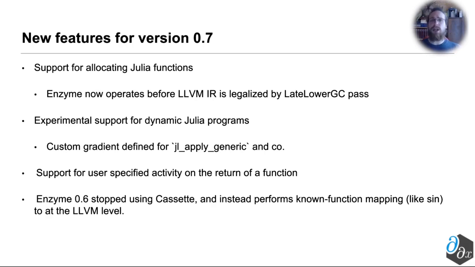Secondly, we now have experimental support for dynamic Julia programs. And so we have custom gradients defined for jl_apply_generic and its friends and family. And when you have a dynamic function call within your program, we will execute that function call, and while we do so, re-enter Enzyme.jl as part of the JITting process, and start afresh from there with the type information we have and differentiate your program from that point on forward.